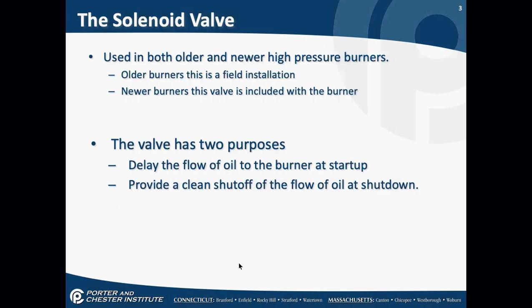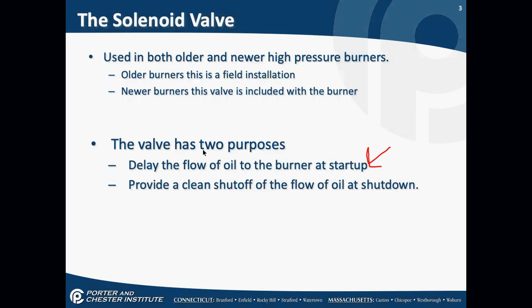So the primary control starts the burner motor, which is connected to the pump, and we build up our oil pressure, and then we start the ignition sequence. So in other words, before the oil even gets to the nozzle, I know I have 100 psi or 140 psi of oil going to that nozzle.